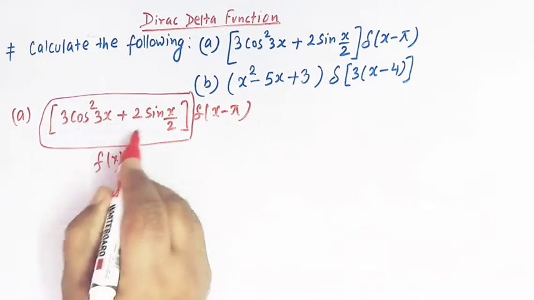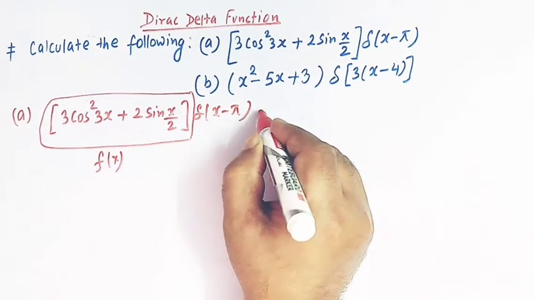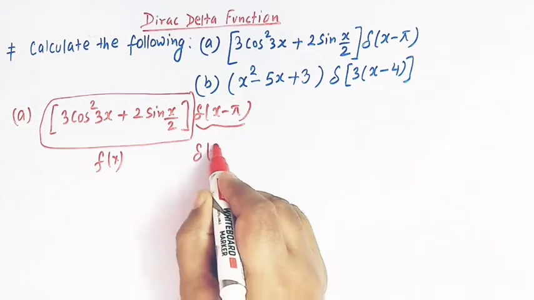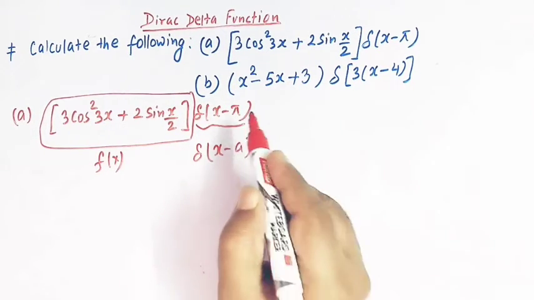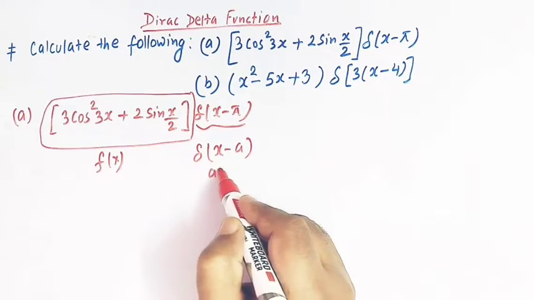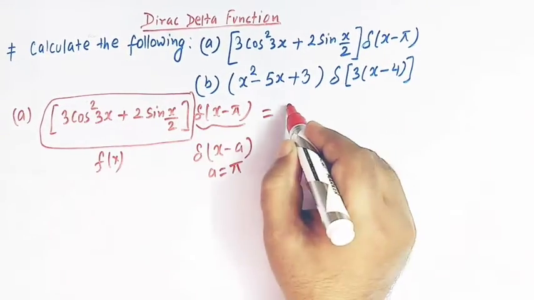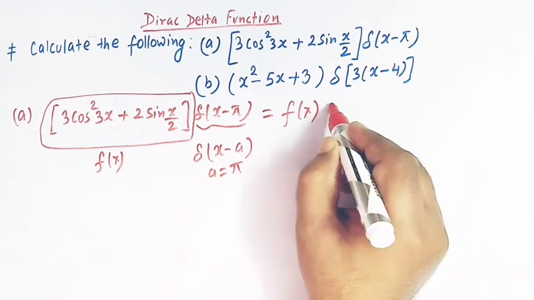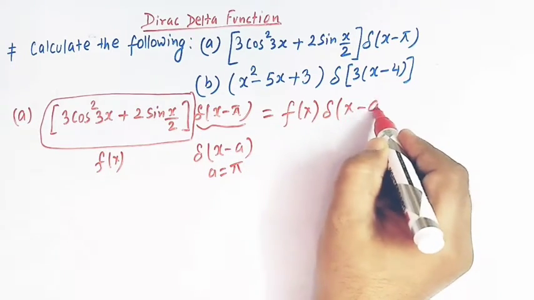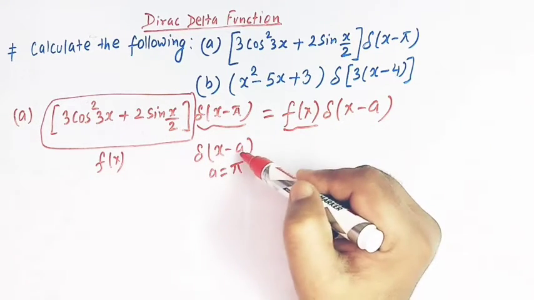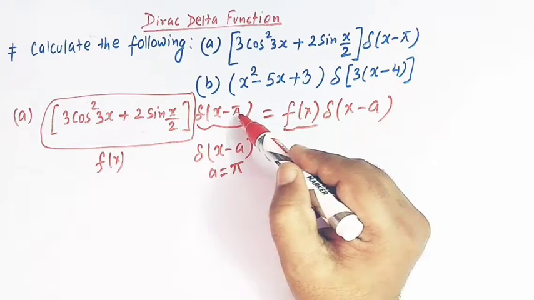So if we take this function as f of x, and this Dirac delta function as delta of x minus a, where a is pi, then this expression takes the form f of x delta of x minus a, where f of x is this expression and a is pi, right?